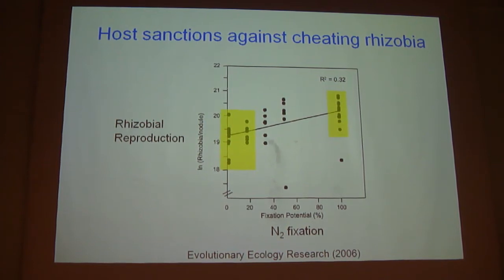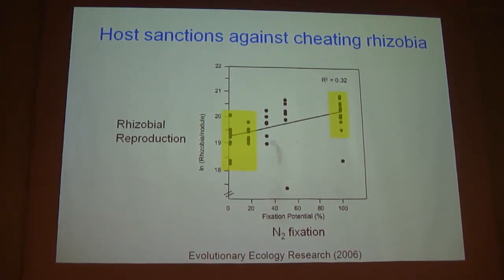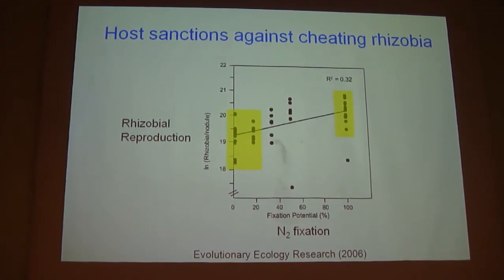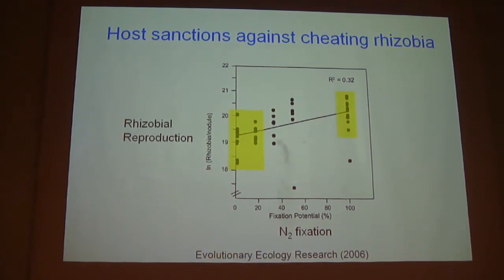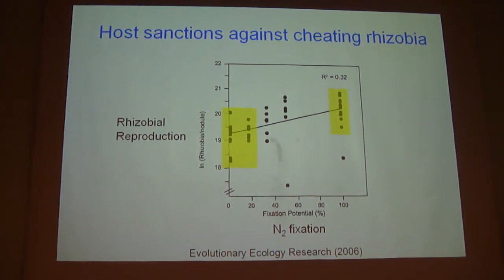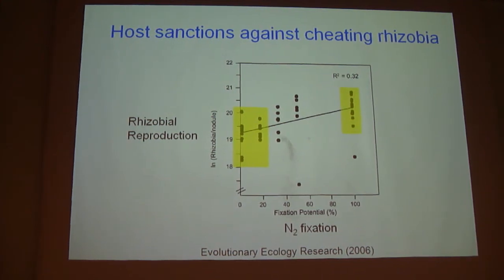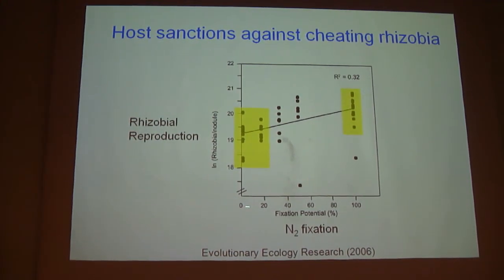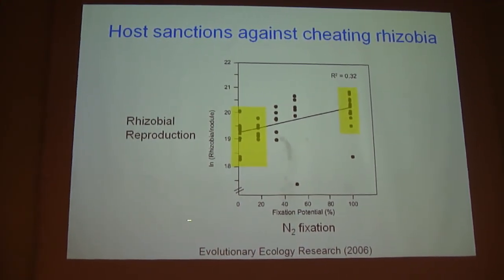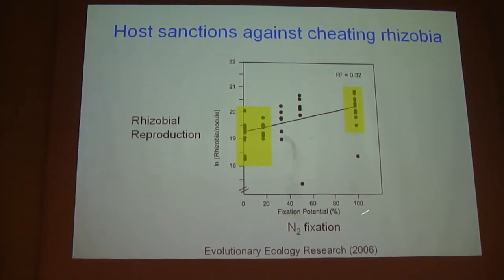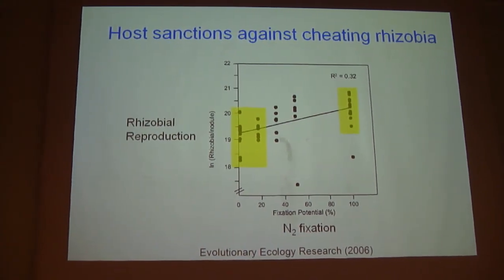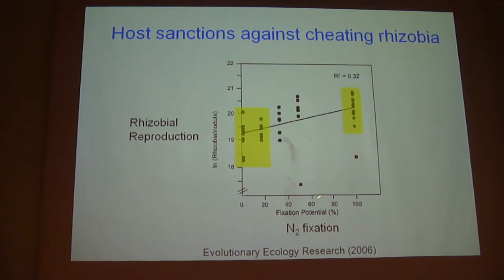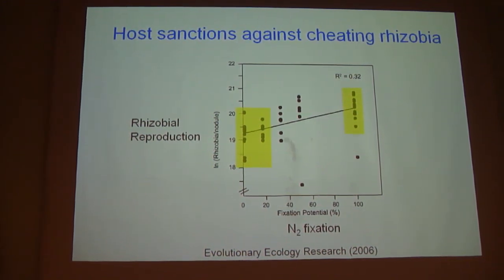Toby Kiers, who did this work, repeated this experiment with not just a nitrogen-free atmosphere, but a low nitrogen atmosphere, different amounts of nitrogen to get a whole range of nitrogen fixation potential from 100% of the potential fixation by this strain down to 0%.